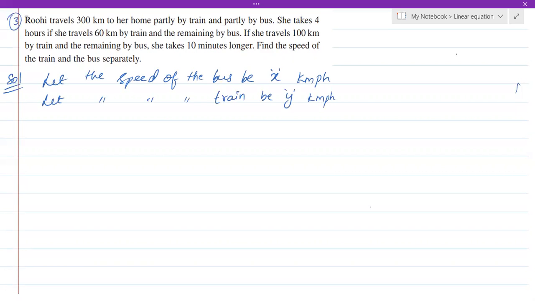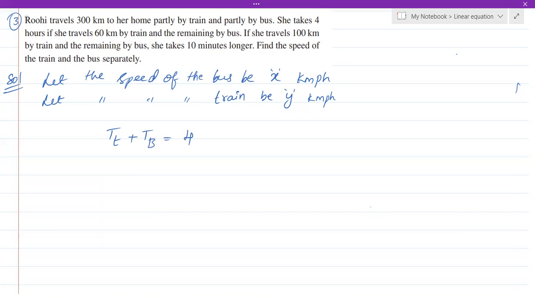If you observe the first condition, she is traveling 300 km to her home by bus and train. The total time taken to travel 300 km is 4 hours. This time is obviously divided between the train and the bus. That is, the time taken by the train journey and the time taken by the bus journey, both put together give you 4 hours. Now, how do you calculate time? Distance by speed.